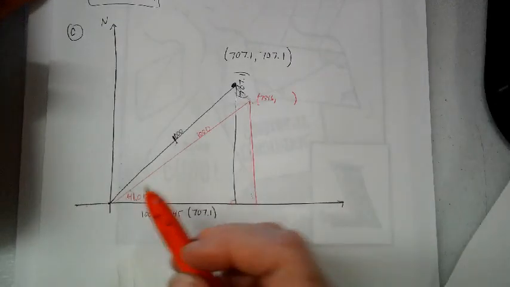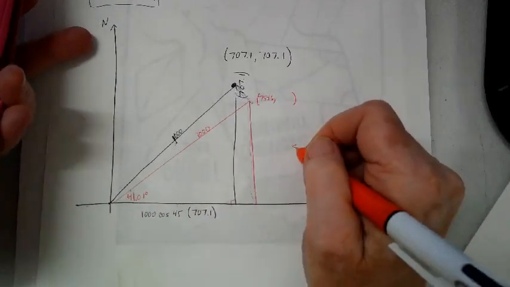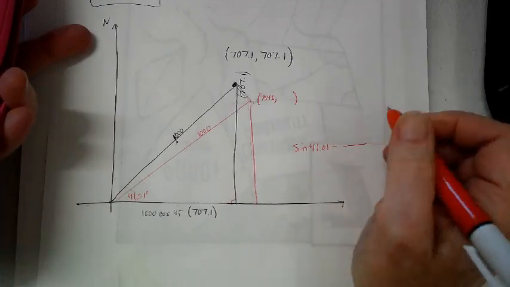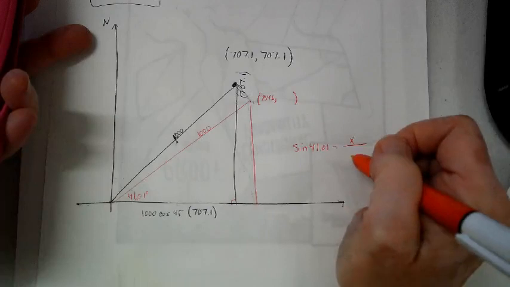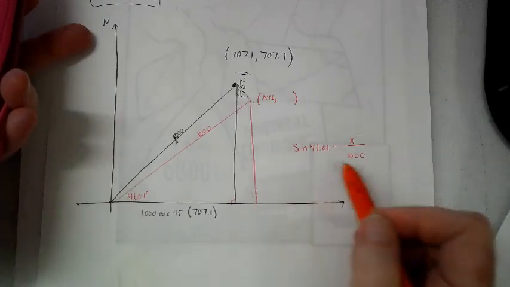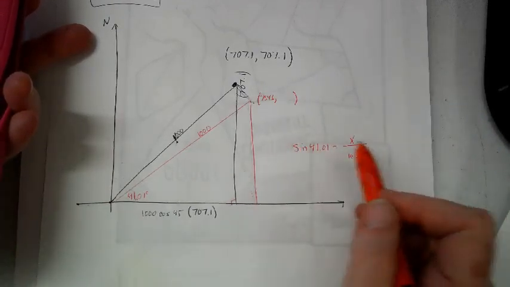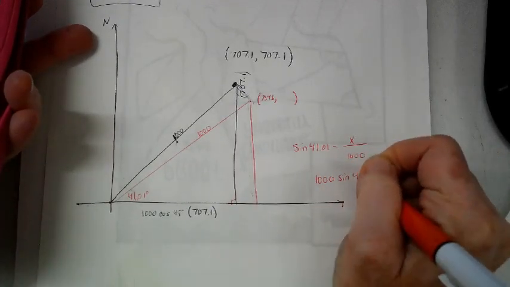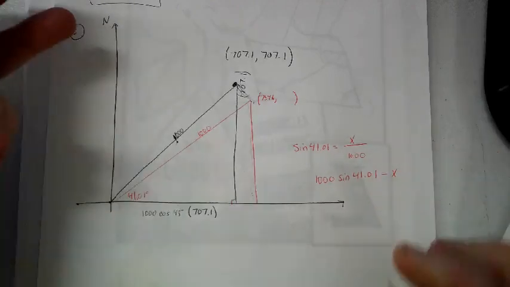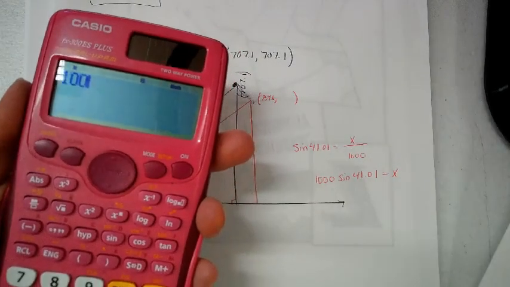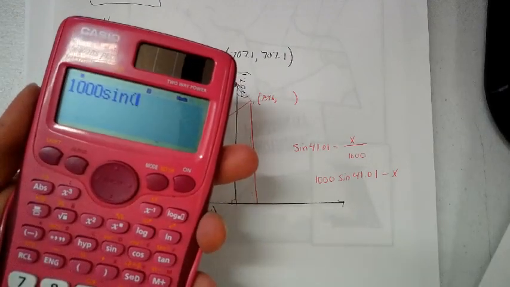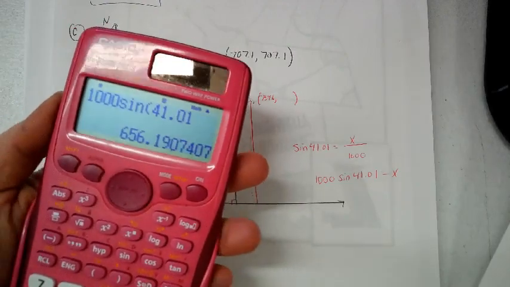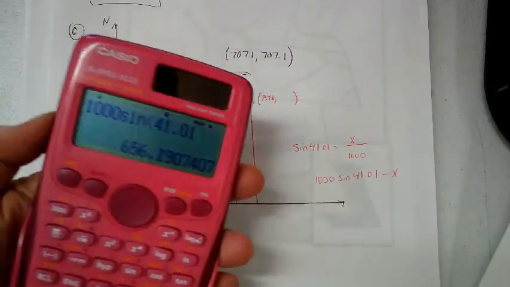Because sine of 41.01 is opposite over hypotenuse. Right, and that's why I keep saying it's 1,000 times. If I multiply both sides by 1,000, that gives me 1,000 times sine of 41.01 is equal to x. So I want to know what that is. So 1,000 sine 41.01. And we've got 656, I guess I'll call it 656.2.